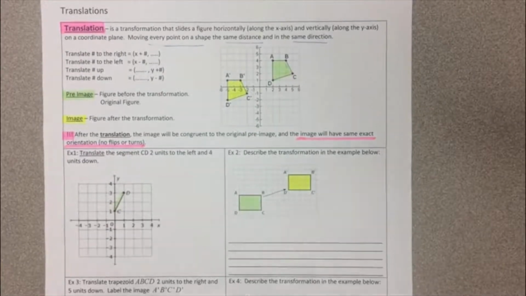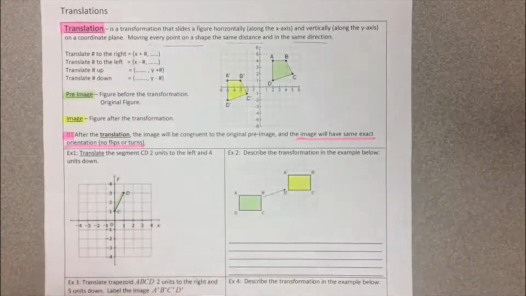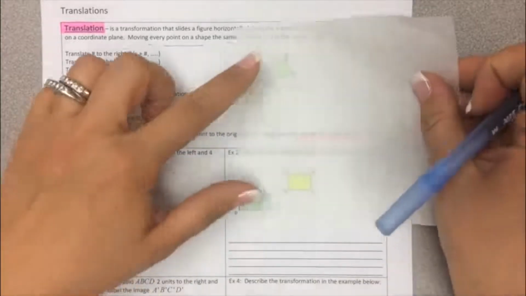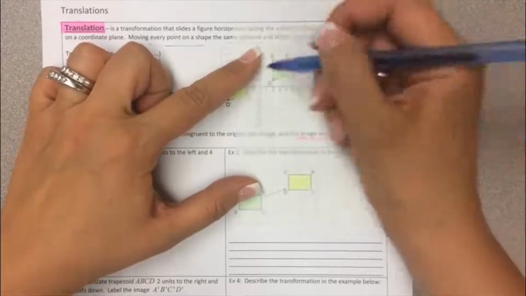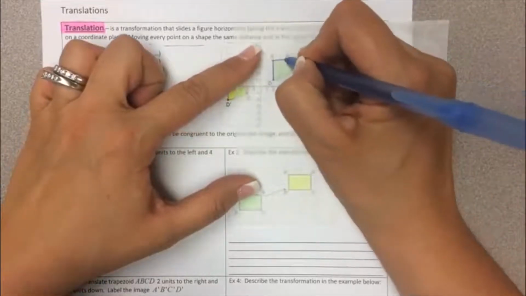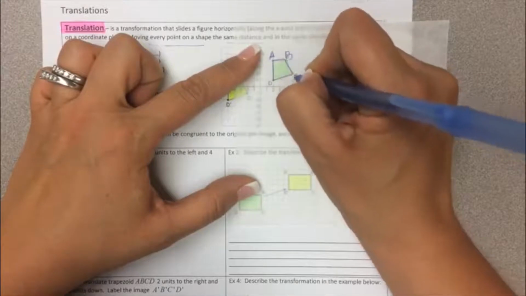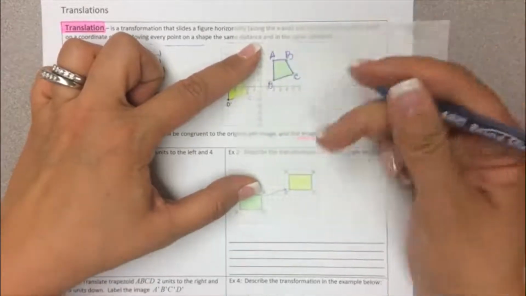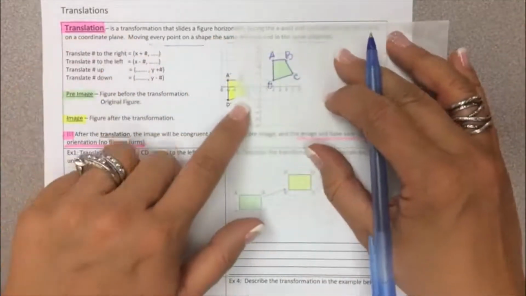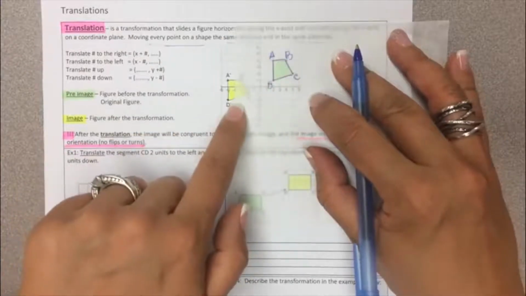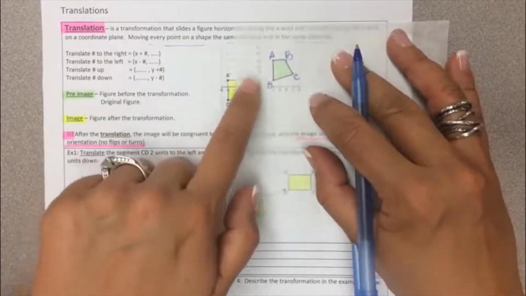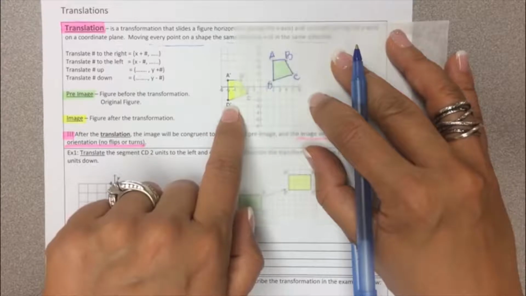If I use my transparency, I'm going to use the pre-image A, B, C, D, and I'm going to follow my motion to get into the image A prime, B prime, C prime, D prime.